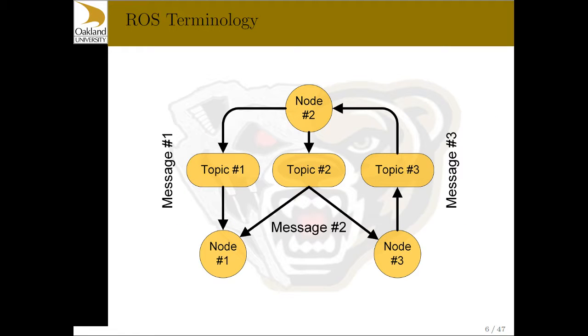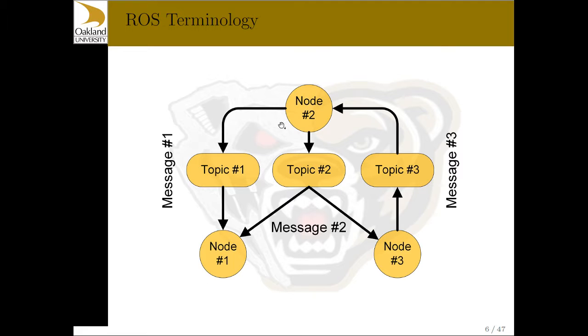So here's an example runtime configuration of ROS. In this case, we have 3 nodes, 1, 2, and 3. Again, these are all independent programs that are running at the same time, being managed by the core of the ROS system. ROS stands for Robot Operating System. It's not like a computer level operating system like Windows or Linux, but it's kind of a small operating system that just manages the runtime nodes and also manages all the piping and underlying infrastructure to do all the communications.